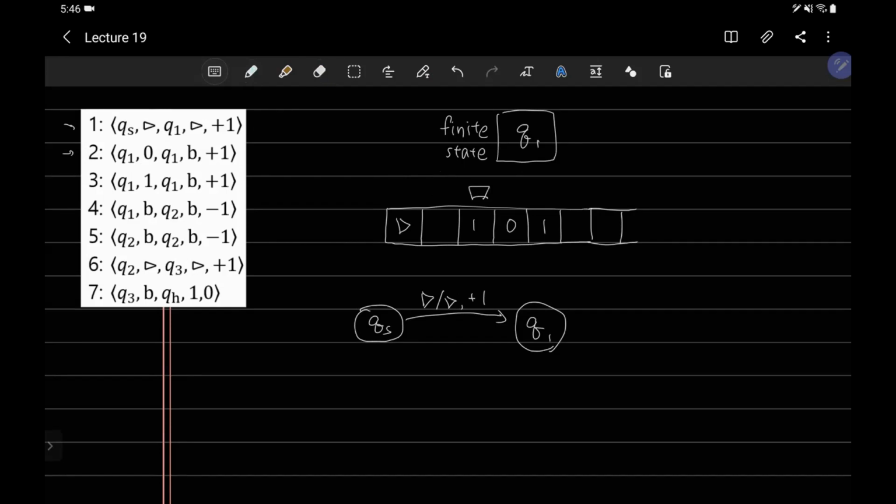So yeah, it should be erased like this, and this second line can also be represented in this way.